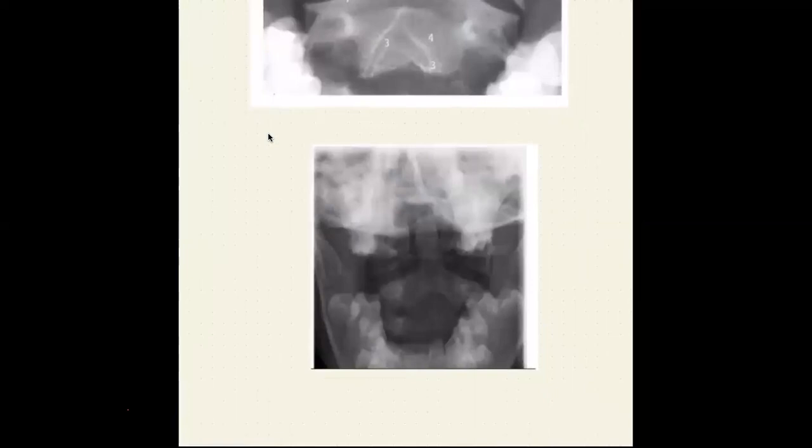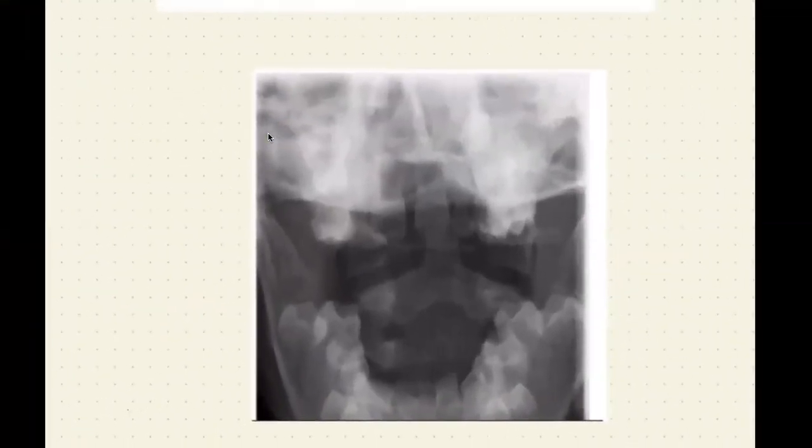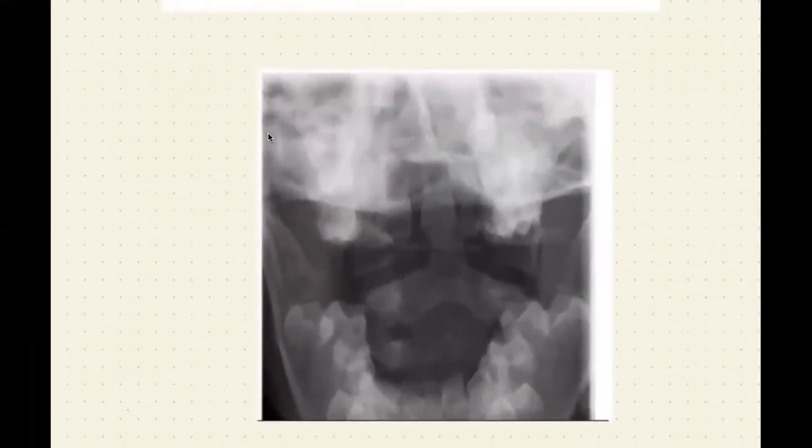Now come to this picture. Could you describe this picture for me? This is the X-ray of open mouth odontoid view. What are the abnormalities? We can see here there is a fracture in the odontoid process of the axis and some soft tissue swelling in the prevertebral space. How do you describe the fracture?